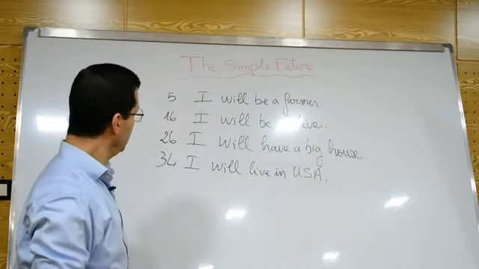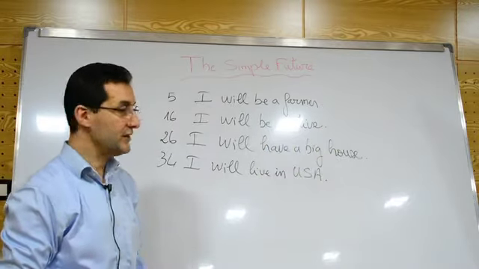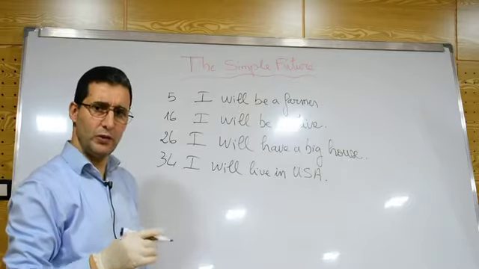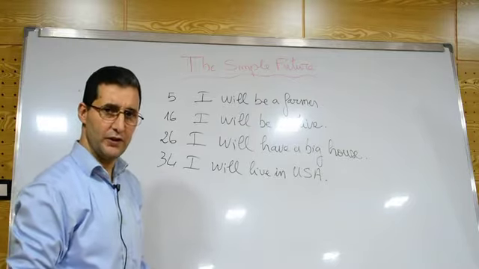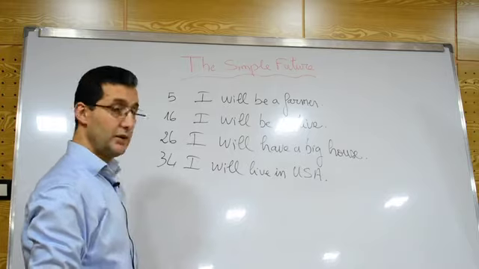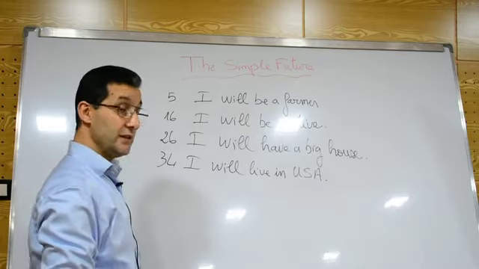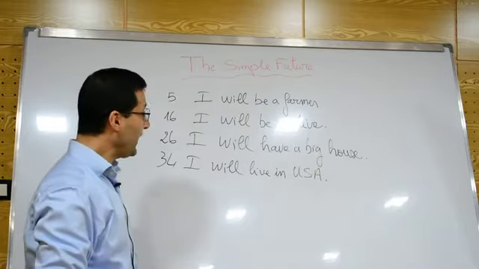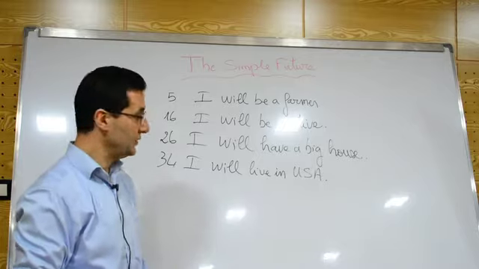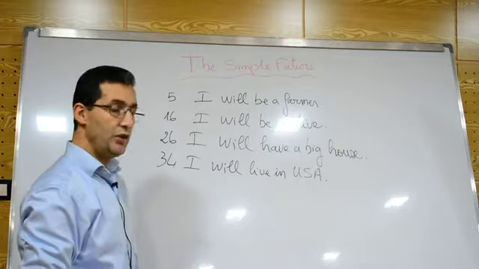Okay? Now we have 4 sentences. What will you be in the future? I will be a farmer. I will be active. I will have a big house. I will live in USA.